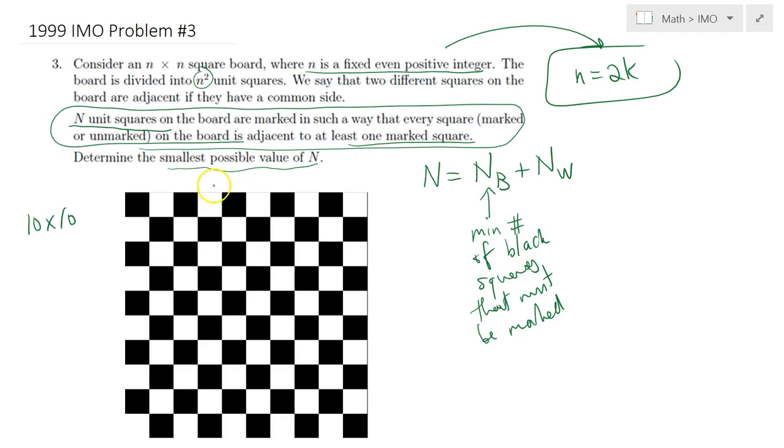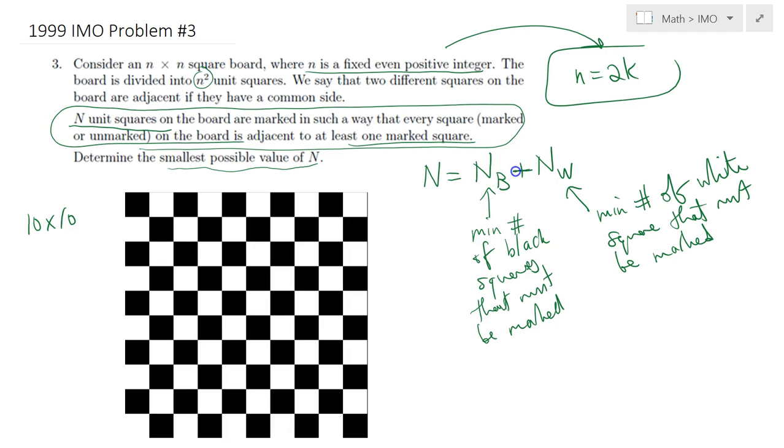It has a neighbor, an adjacent side to a marked square. And similarly, n sub w is the minimum number of white squares that must be marked so that, again, the condition of the problem is satisfied.